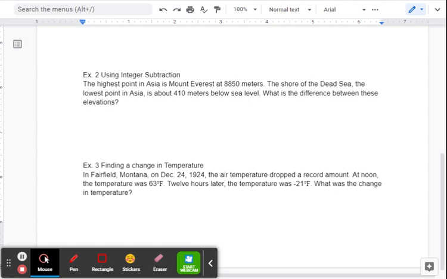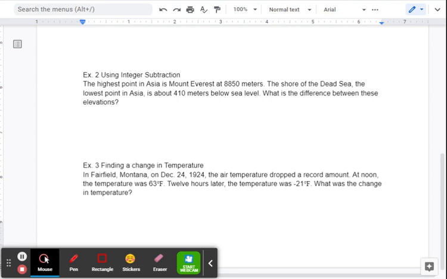Because the mountain goes all the way up here, the sea dips all the way down to here, and we want to know from here to here, what is that? So we have to add them together. So we get 9,260. So you see how we're actually adding, even though it said the difference? It sounds like we're supposed to subtract, but we have to change the subtraction into addition.